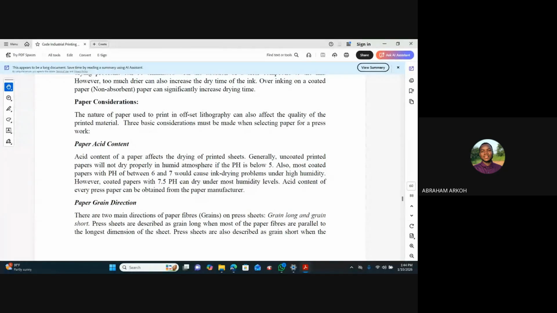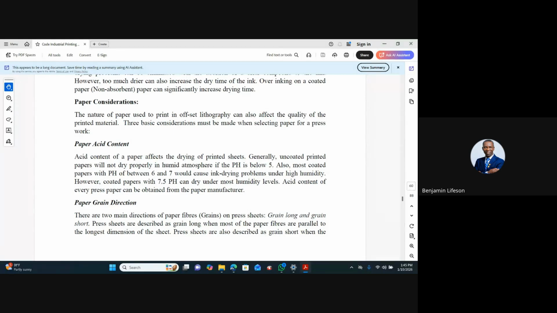Acid content of every fresh paper can be obtained from the paper manufacturer. All right, so we are looking at the acidic content of the paper and the paper grain direction. The type of paper that you select can tell whether you are going to encounter a problem or not.